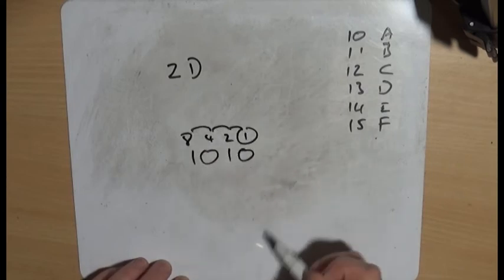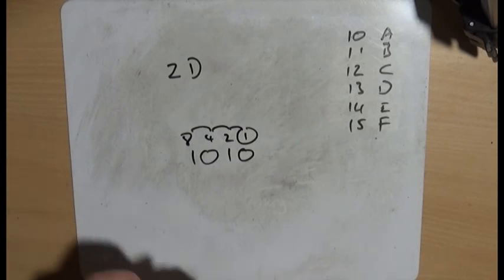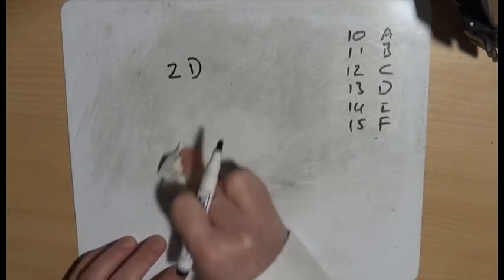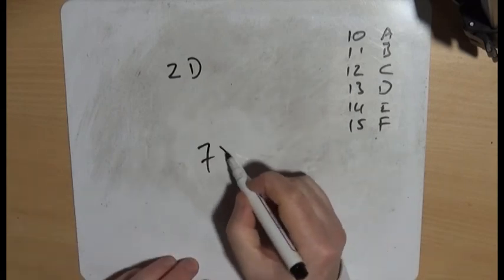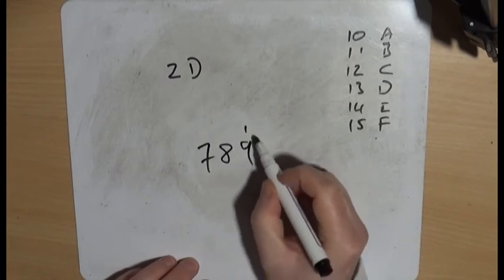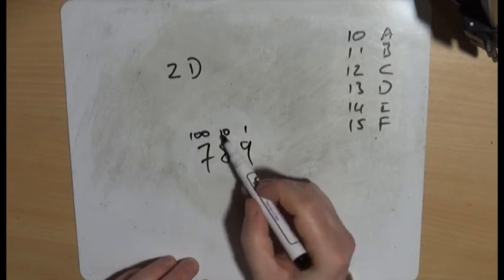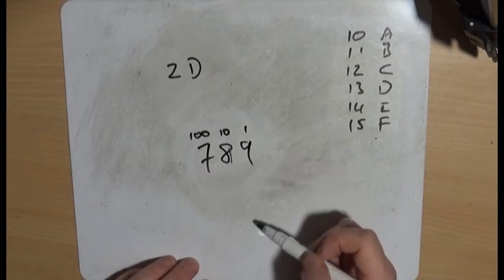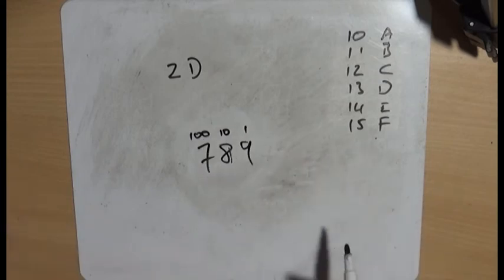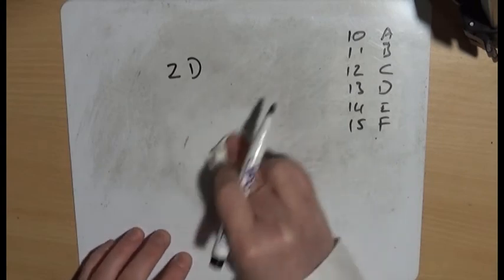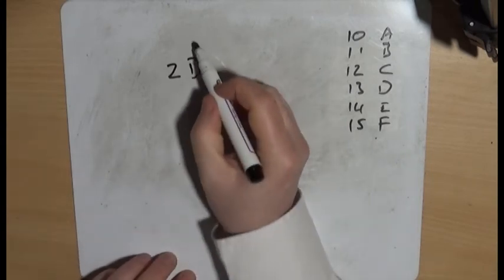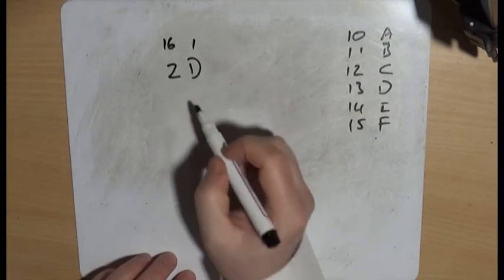And that's how you do the headings for the binary numbers. Well, if you're writing in denary numbers, let's say we have 7, 8, 9. Then you have 1, times it by 10, times it by 10. So it's 7 hundreds, 8 tens and a 9. So again, that's pretty straightforward. In hexadecimal, you do exactly the same thing. You put a 1 up here and a 16 up here.